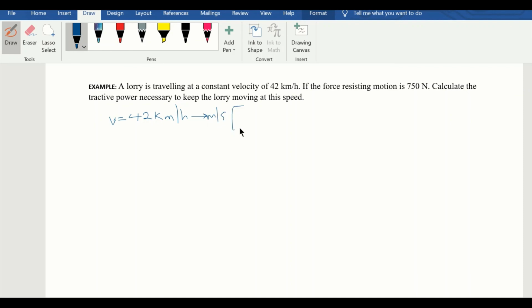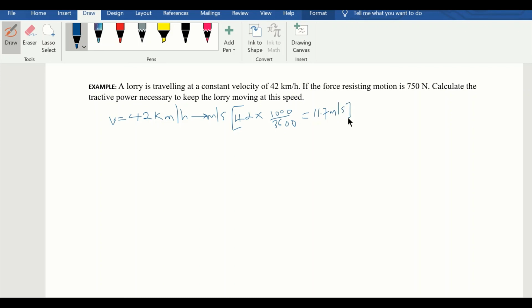So I can say 42 times 1,000 divided by 3,600. That will give us 11.7 meters per second, to one decimal place.